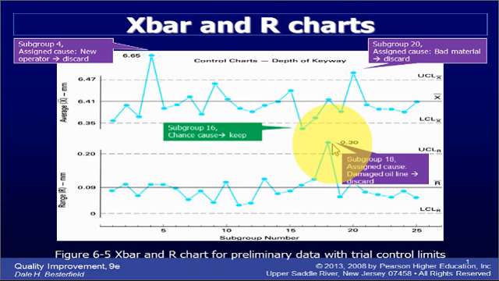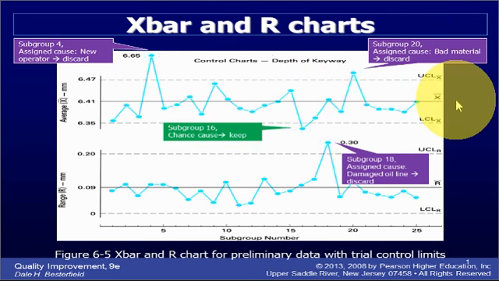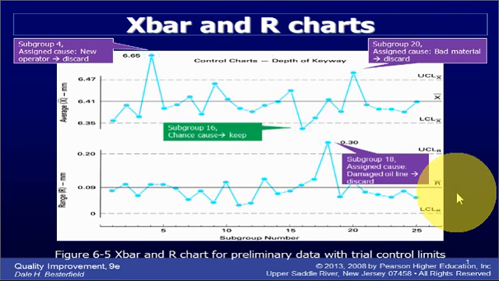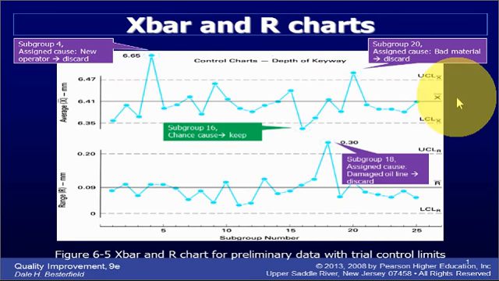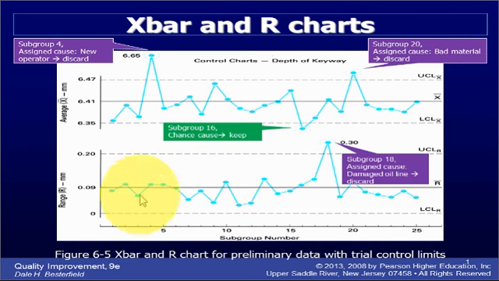So now for your future revised central lines and revised control limits, you need to discard these points for the X bar chart and the R chart respectively. Okay, so you take out 2 points. Even though you take subgroup 4 and subgroup 20 out of the X bar chart for the revision, you still keep subgroup 4 and subgroup 20 in the R chart.